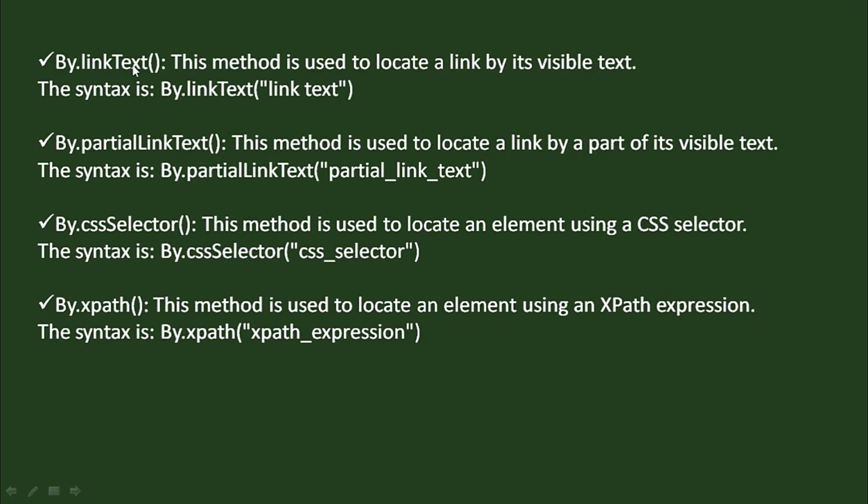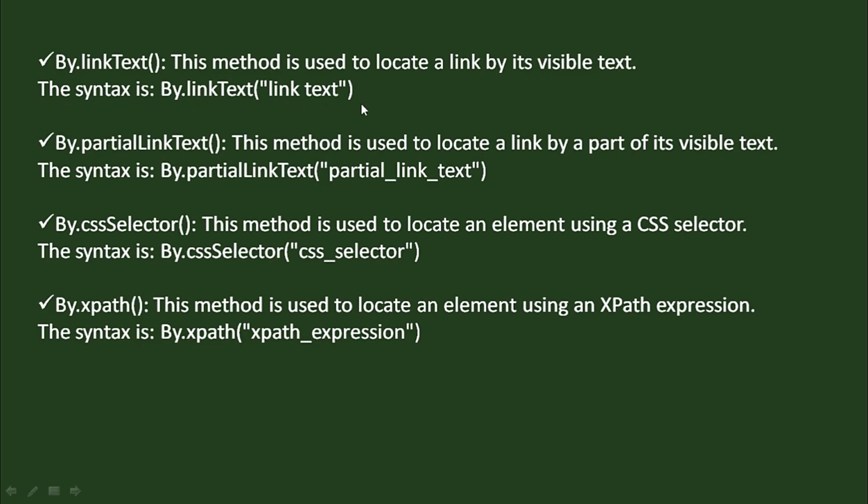And likewise for the link text, partial link text, CSS selector and the XPath. When you are writing the XPath, you need to provide By.xpath. This is the keyword. In the By class this is the name of the method, and as programmers we know a method always starts with a small letter. You can see xpath, cssSelector, partialLinkText, and this is linkText.